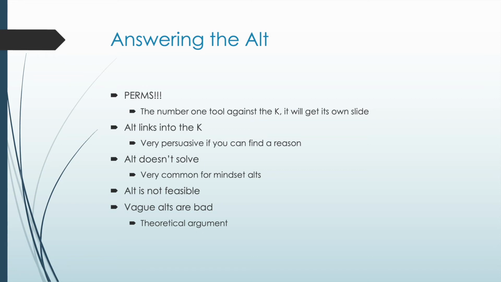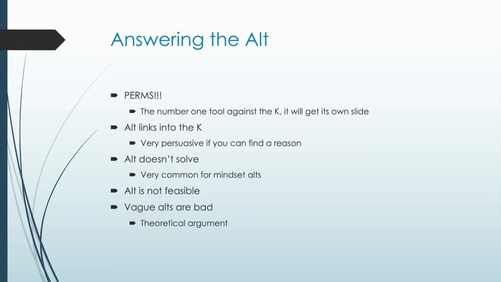And the last type of argument that I have listed here is, again, a theoretical argument, a way to uplayer on the K debate, which is vague alts are bad. If they are reading a vague alt, as in something vague like decolonize education, instead of something more pragmatic that can be measured, you can say vague alts are a voting issue because isn't it unfair that they essentially have such an amorphous solution that they can reword it in any way they want in the 2N to make it solve for whatever thing that they originally maybe didn't solve for, or maybe they explained it one way in the first speech and another way in the second speech, and because it was worded so vaguely in the original speech that it's not necessarily a contradiction.